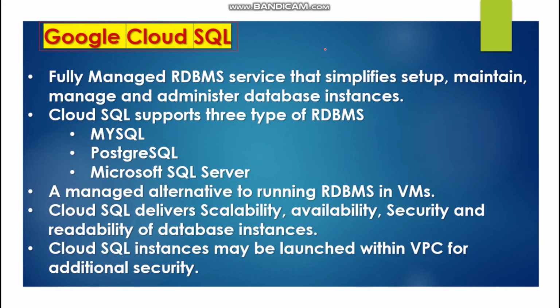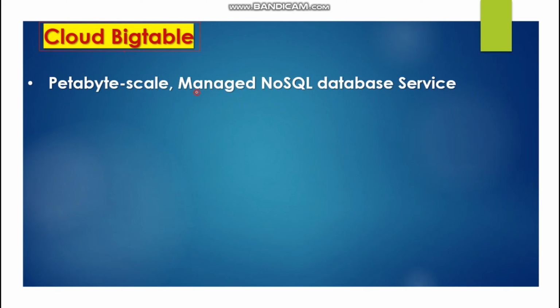Now after Cloud SQL, it's time for us to learn about Cloud Bigtable. It's a petabyte scale managed NoSQL database service. So what's a petabyte? You can imagine 1 petabyte is equal to 1000 TB of data. That is way too much, right?